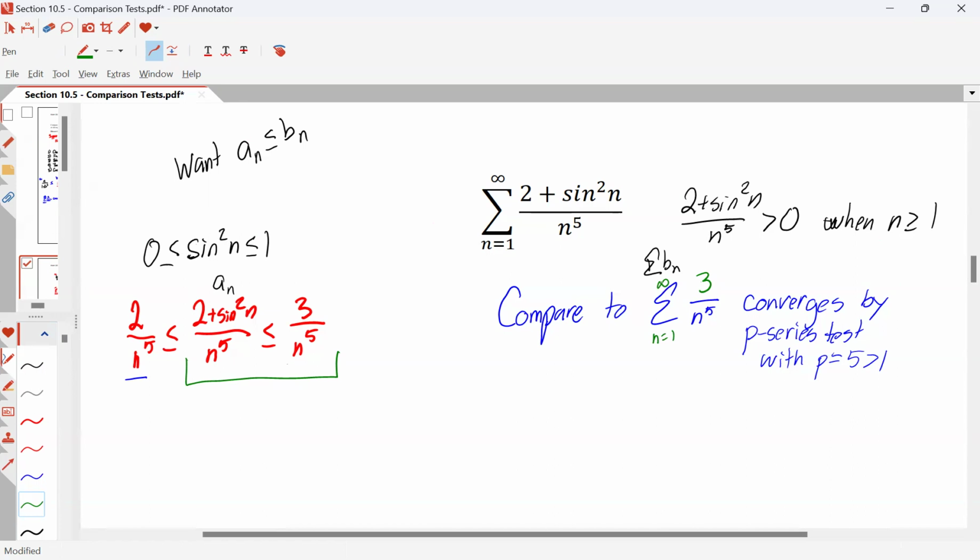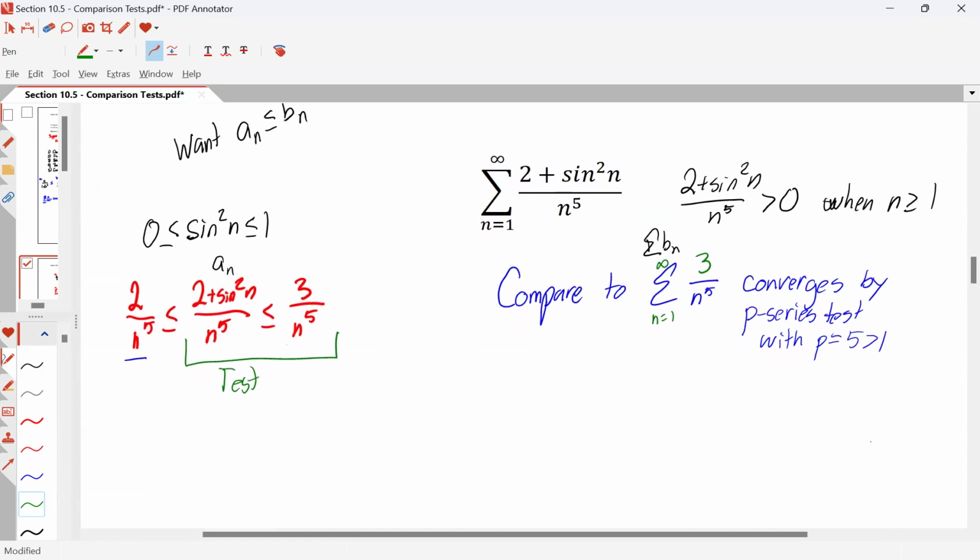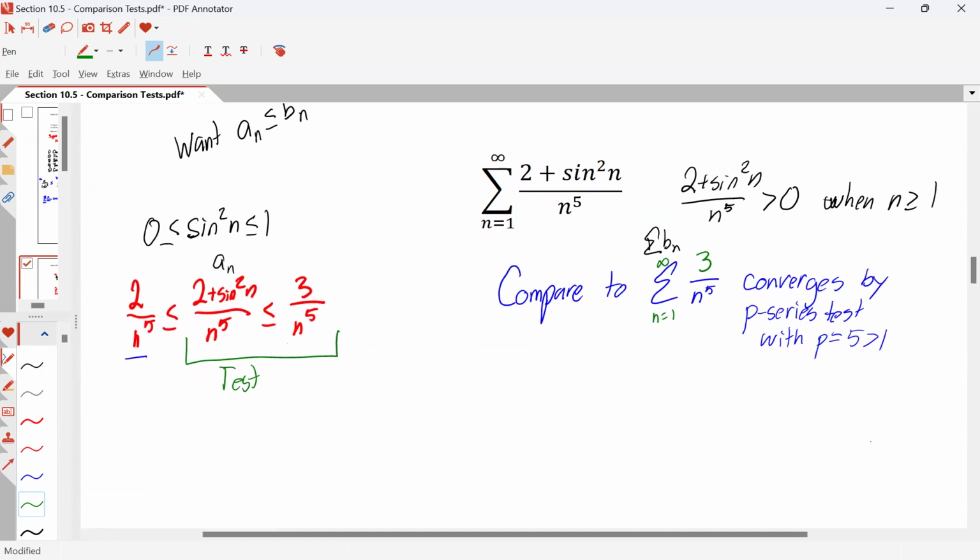And in that case, we have just run our test because we figured out this is the part of my inequality I want. So we can now make that conclusion. We have the series n equals 1 to infinity of 3 over n to the fifth converging by the p-series test.